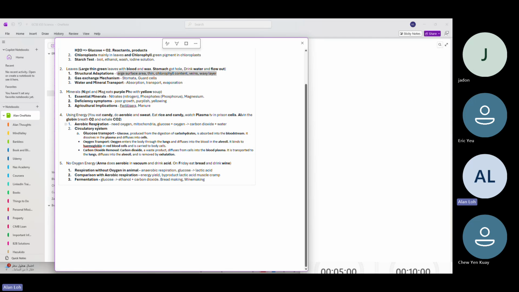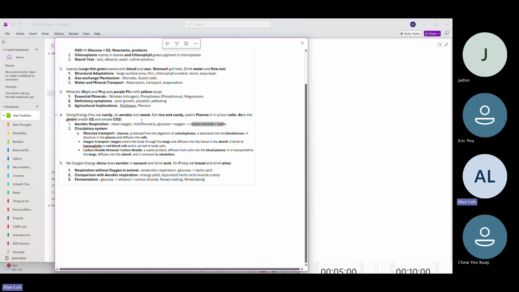Then you have aerobic respiration, which needs oxygen. There's something related to mitochondria. There's something related to glucose plus oxygen as reactants, and the products are carbon dioxide and water. It's a bit of a swap between the products and reactants of photosynthesis.